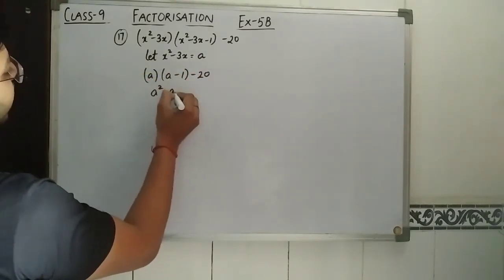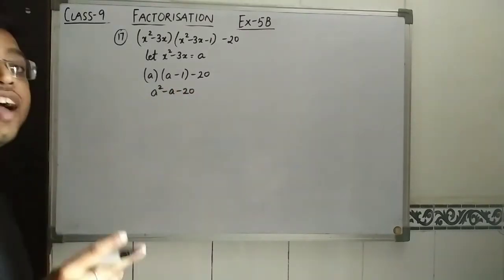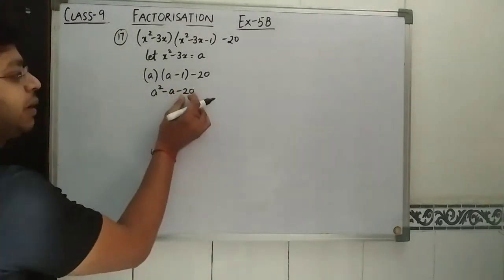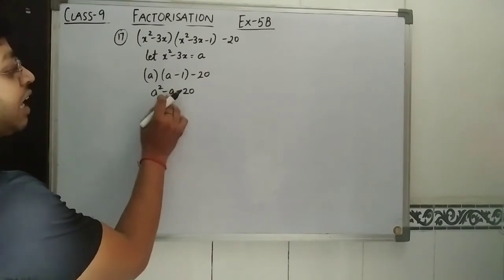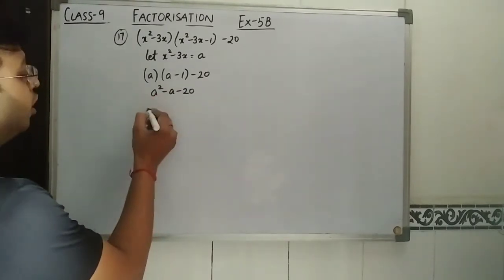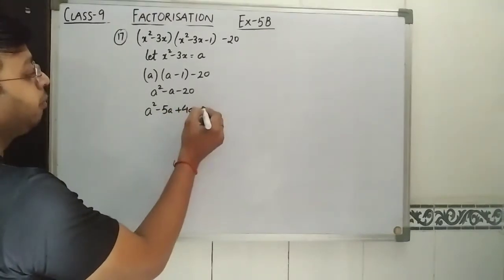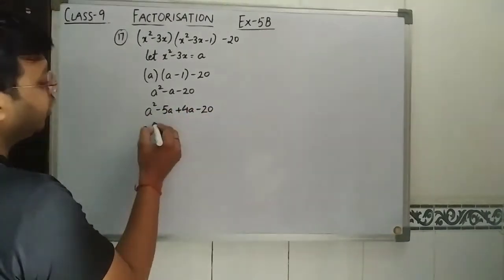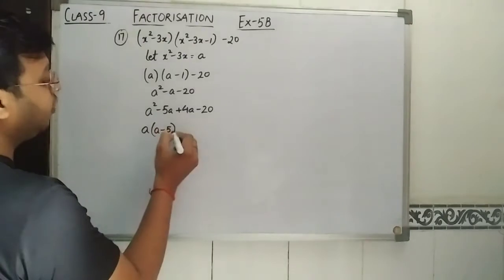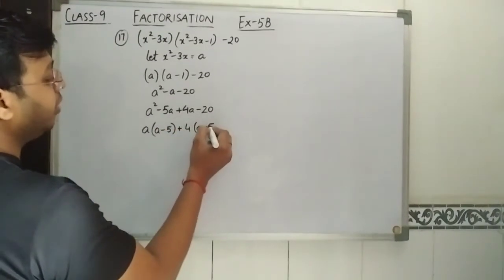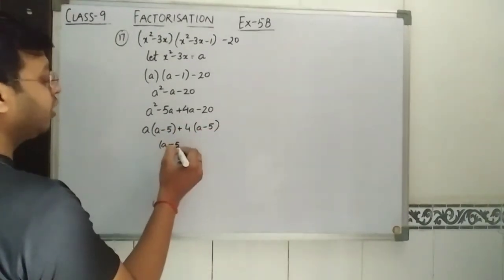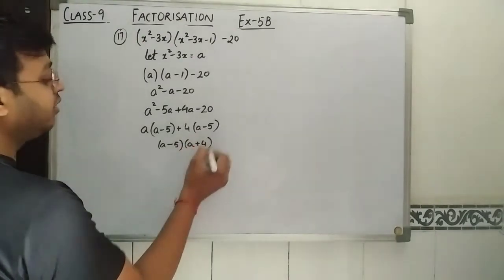So a square minus a minus 20. Now we have to think about two numbers whose multiplication is 20 and their subtraction is 1 because the coefficient of a is 1. So 5 and 4, a square minus 5a plus 4a minus 20. In the first two terms a is common, so a minus 5, again 4 common, a minus 5. So a minus 5 in the first bracket and a plus 4 in the second bracket.